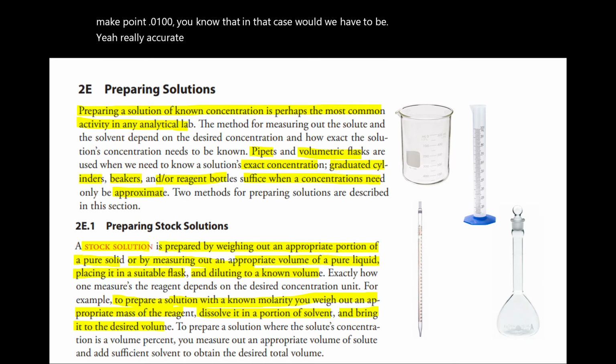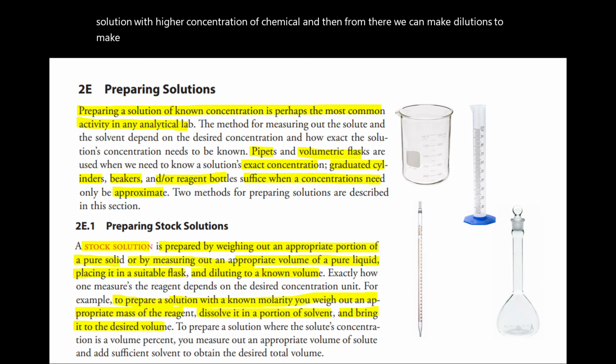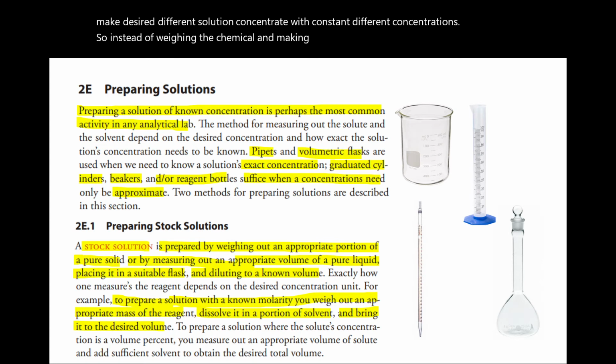In most cases, we make a stock solution with a higher concentration of chemical, and then from that we can make dilutions to get solutions with different desired concentrations. Instead of weighing the chemical and making a new solution, that is one way of making dilution. So for that we need to prepare stock solutions.